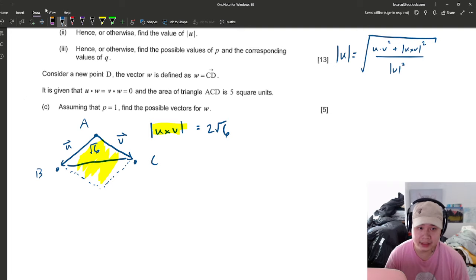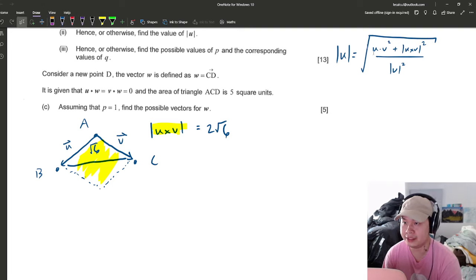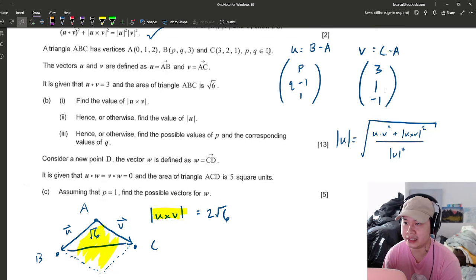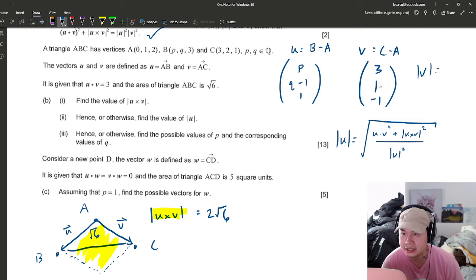Now I know this is 3, they told me. I just figured this is 2 root 6, and the length of v is the square root of 3 squared, 1 squared, and 1 squared, so 9 plus 1 plus 1, which is 11.